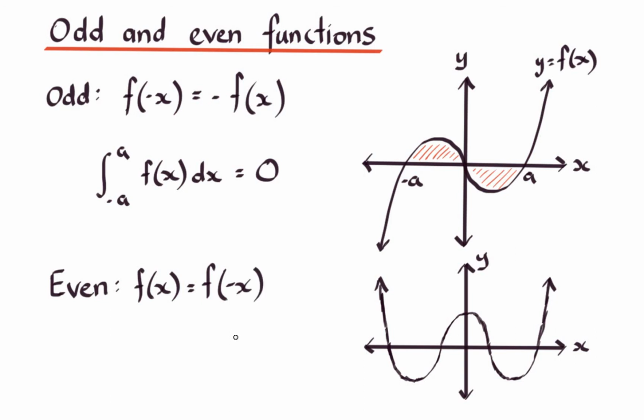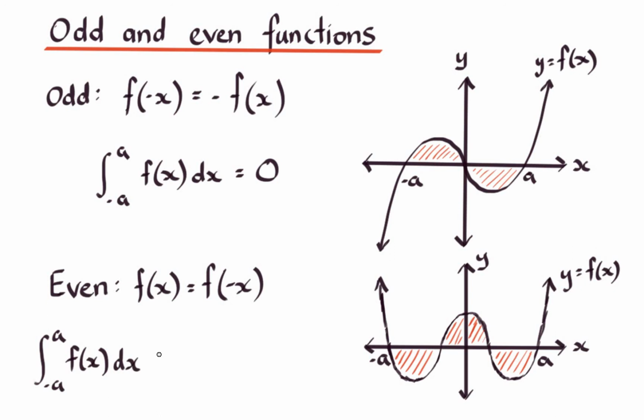Okay, but what does that mean for our areas? Well, everything on the left is identical to the area on the right. And so if we're evaluating an integral between minus a and a, then we can say this integral is equal to two lots of the integral from 0, so here in the middle, to a, or minus a to 0, but we'll just go with the positive side.